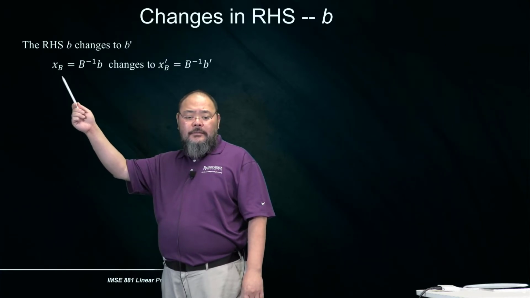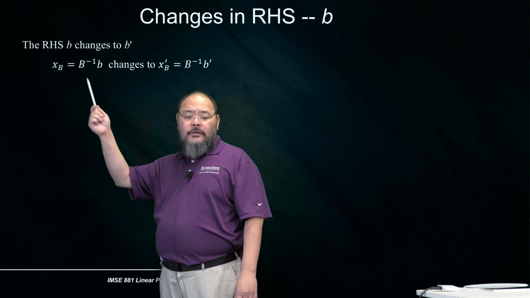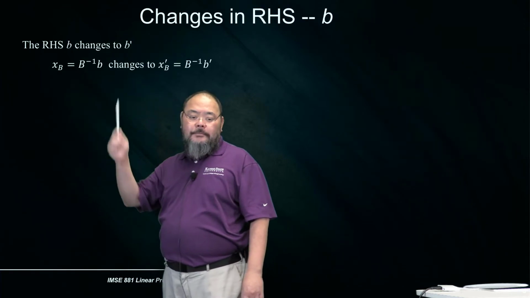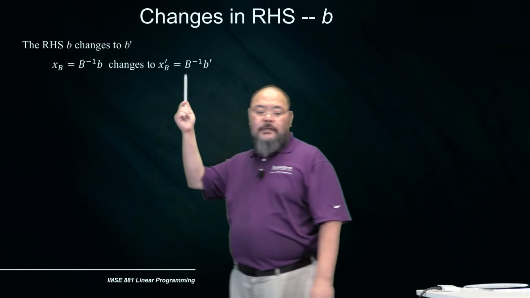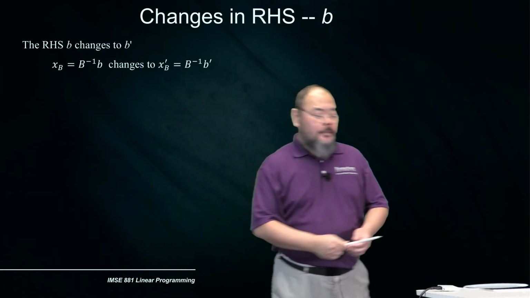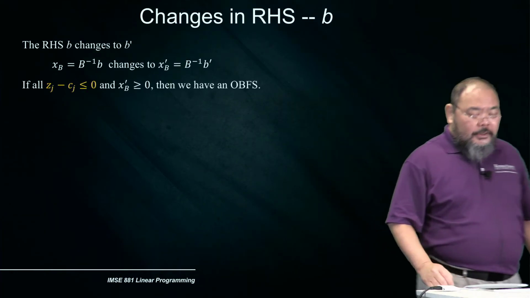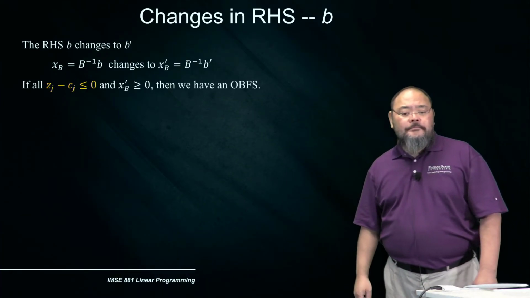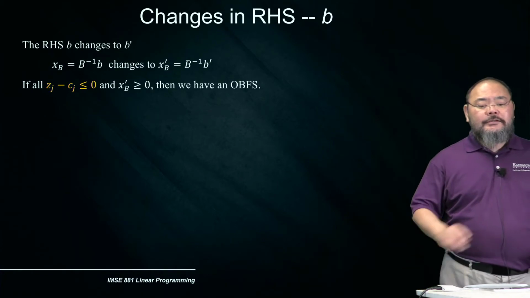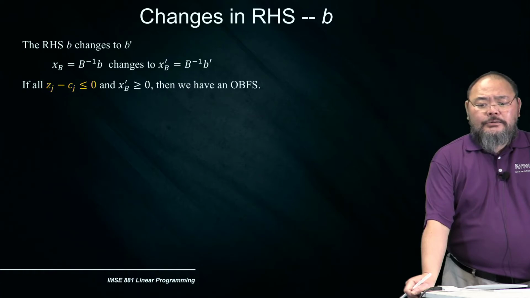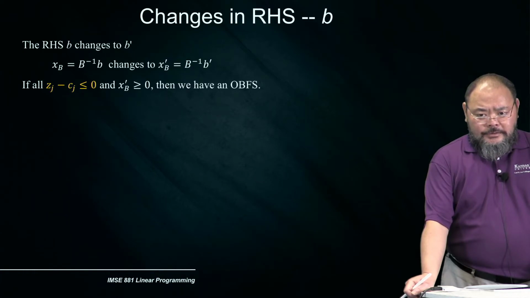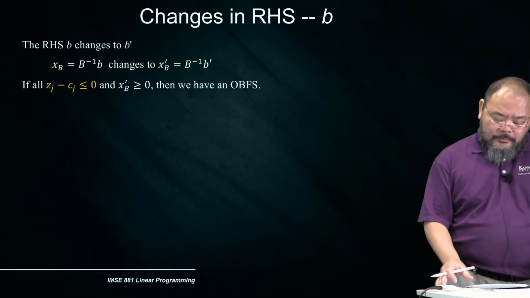The current basic solution equals B inverse times b. If b changes, it should be B inverse times b prime. We also want to check whether the Zj minus Cj still satisfy less than or equal to 0, and whether XB prime, the new basic solution, is non-negative. Then we still have the optimal basic feasible solution.